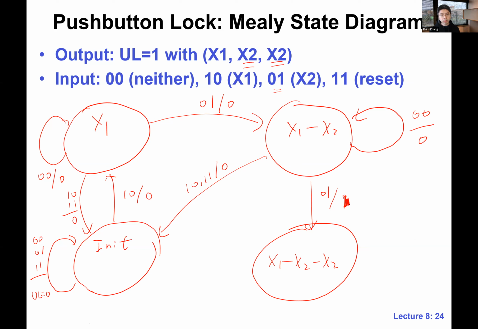We have already seen x1, x2, and the second x2. So what's missing is the reset, and we reset right here. Otherwise we just stay: we have 1, 0 and then we stay. We stay here. Did I miss anything? 0, 1.